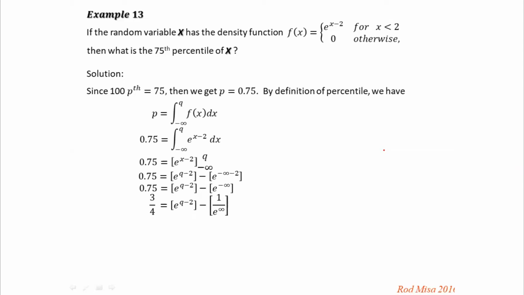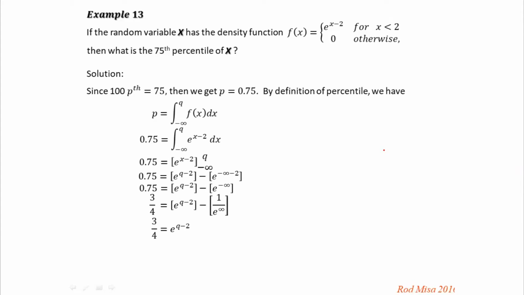But remember, e to the power infinity is a very, very big number, and 1 divided by a very, very big number in the limit is already 0. So 3 over 4 is equal to e to the power q minus 2.